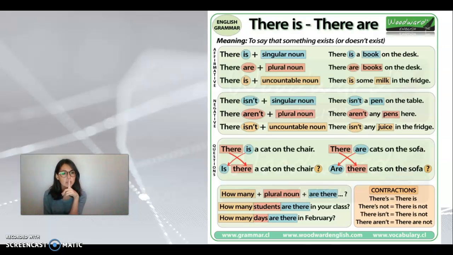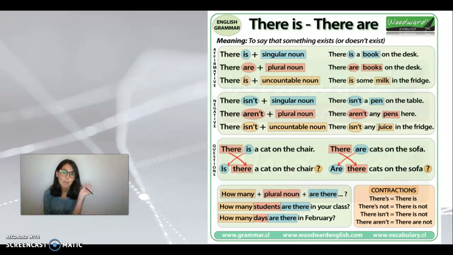Remember that you can use contractions with there is, so you can say there's a pencil. There's a pencil over here. There's one pencil. There's not a notebook, or there's not a bed. You can abbreviate, right? You cannot contract there are, though. You cannot say that. That sounds weird.